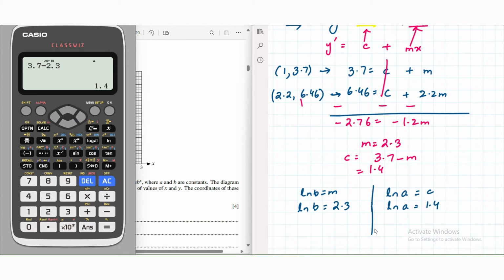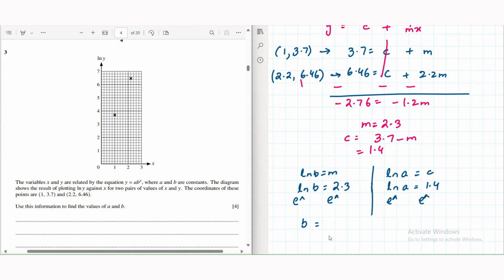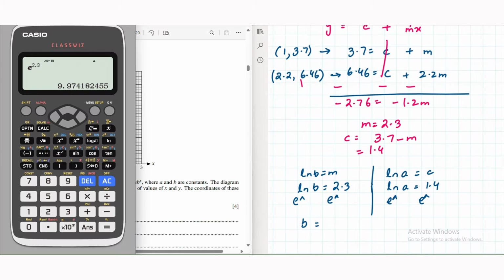So we just simply reverse the logarithm. e raised to power ln b is just b, so b equals e raised to power 2.3, which is 9.974.